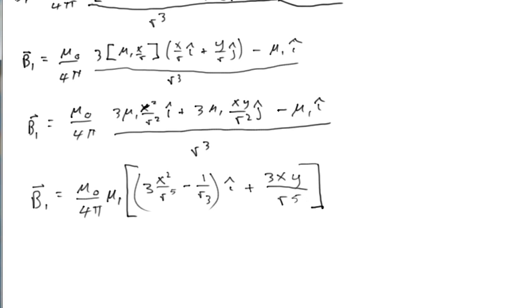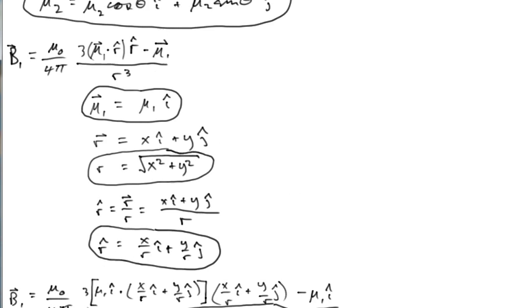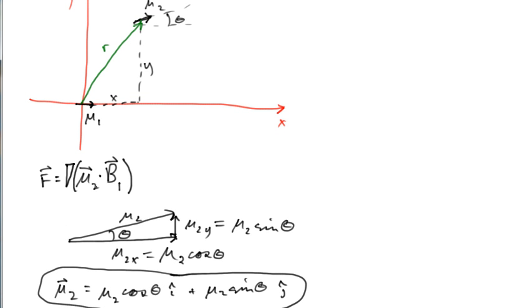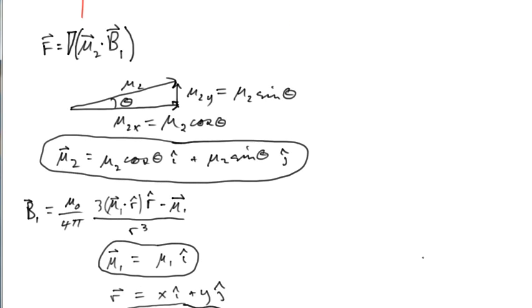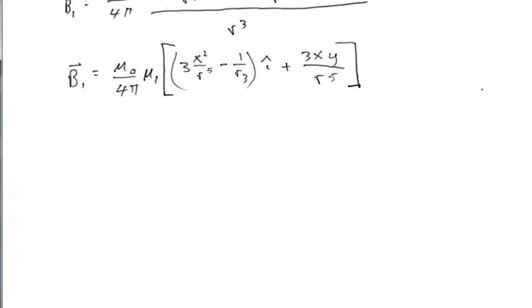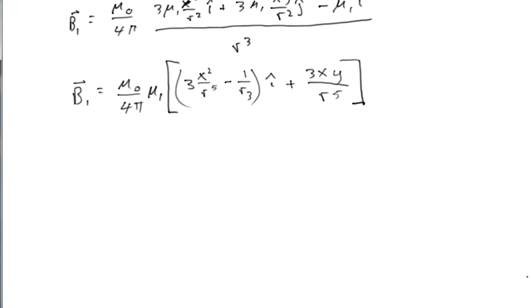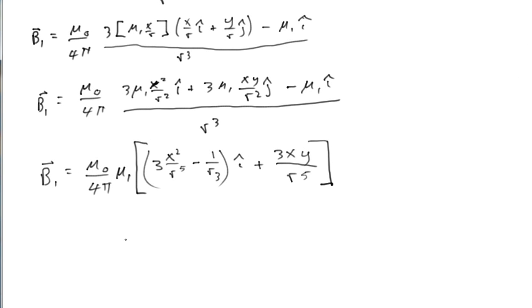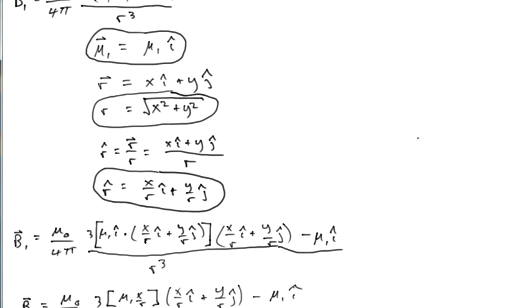Now our force is the gradient of mu2 dotted into B1. So let's find mu2 dotted into B1 for now. So mu2 dotted into B1 is what? Well, we found mu2 up here a while ago.